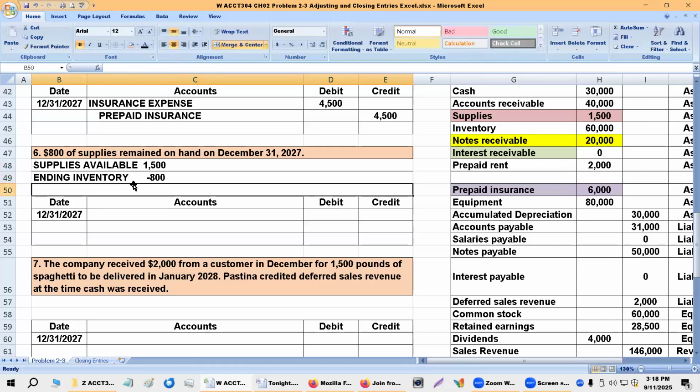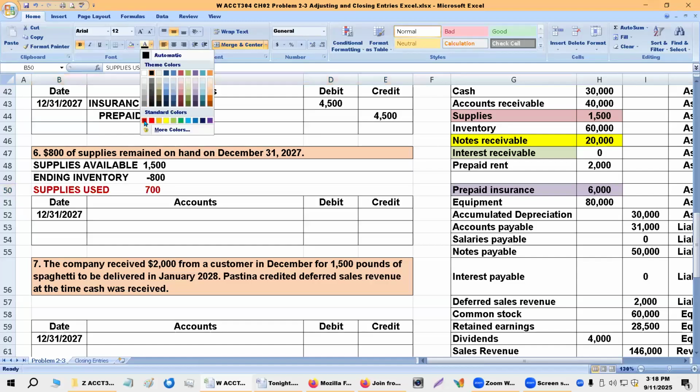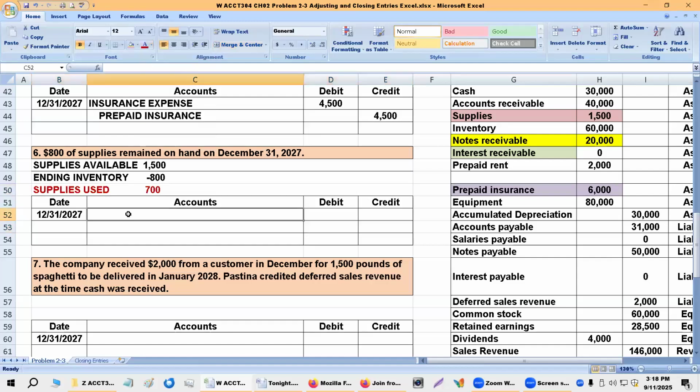So supplies used must have been... Okay, so we used up 700 of the supplies.